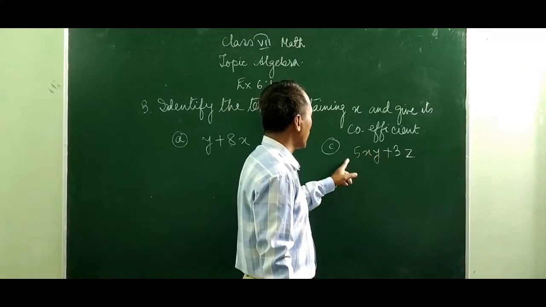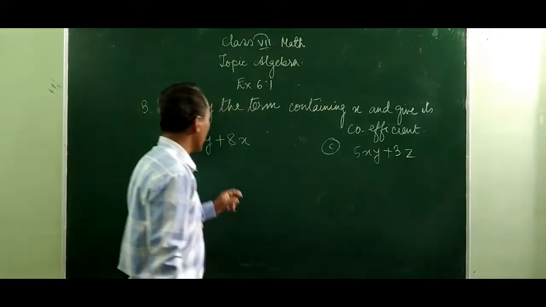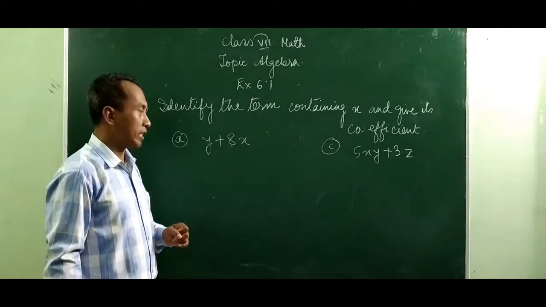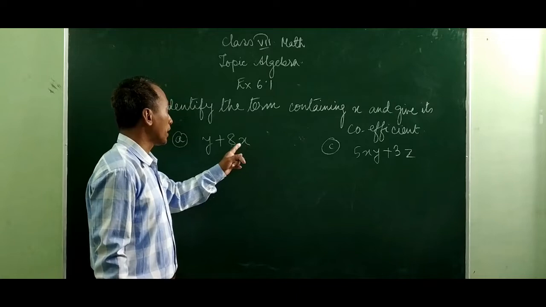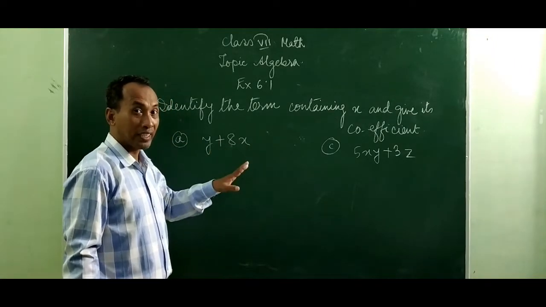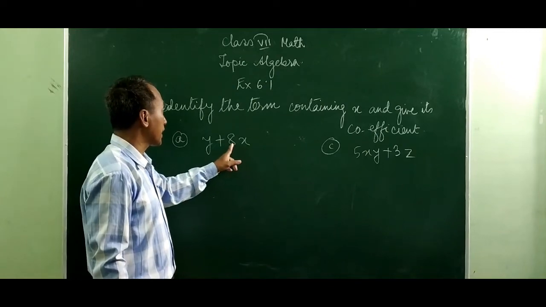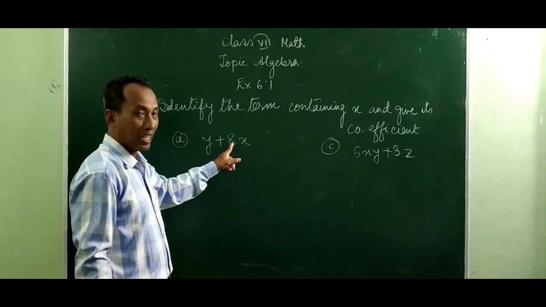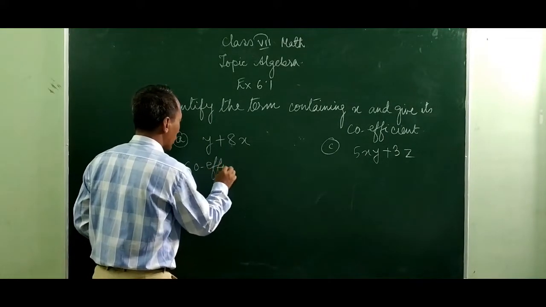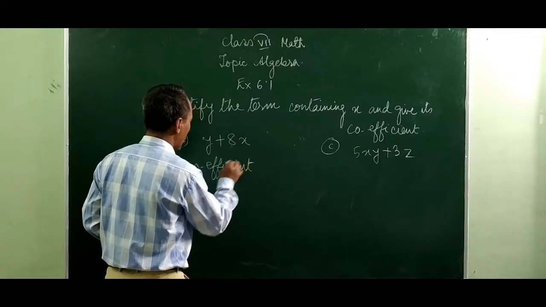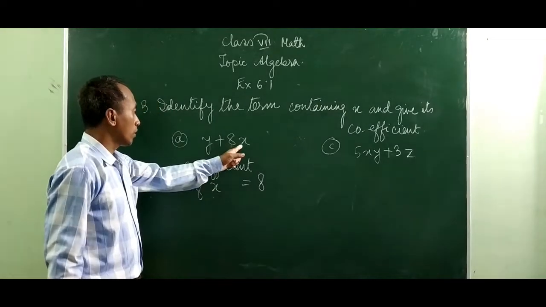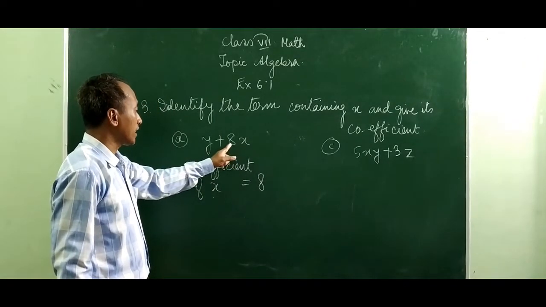So from this term you are to find out the coefficient, and from this term you are to find out the coefficient. So what is coefficient? Coefficient is the number which is other than the x. So what is present along with x other than x is 8. So here coefficient of x is equal to 8.